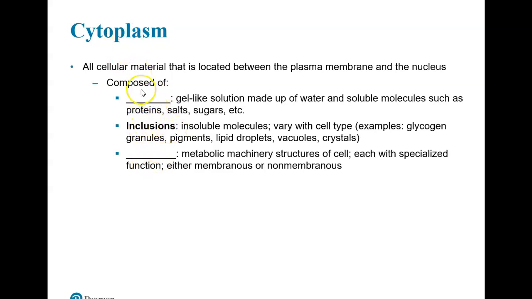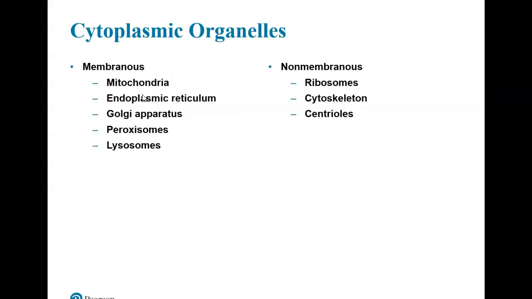That's the difference here. Within the cell, there are different types of organelles, classified into two categories: the membranous organelles, which have a plasma membrane, and the non-membranous, which do not.